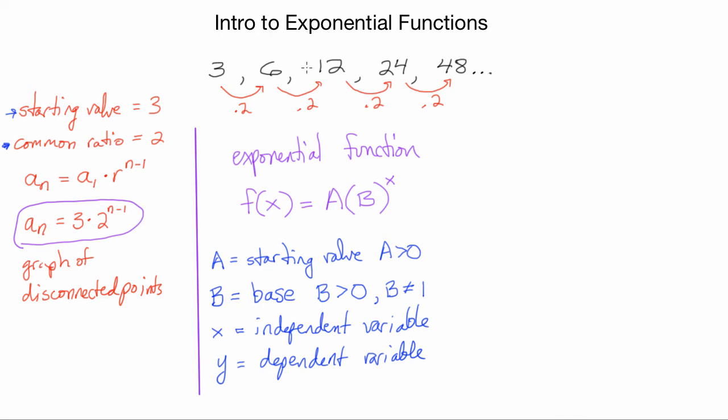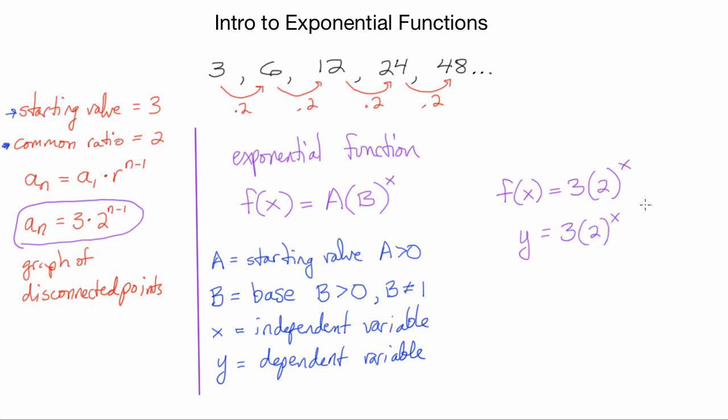And so if I wanted to model this particular function, I could either use f of x, write it in function notation, equals 3 times 2 to the x power, or I could write it in not function notation form and say y equals 3 times 2 to the x power.